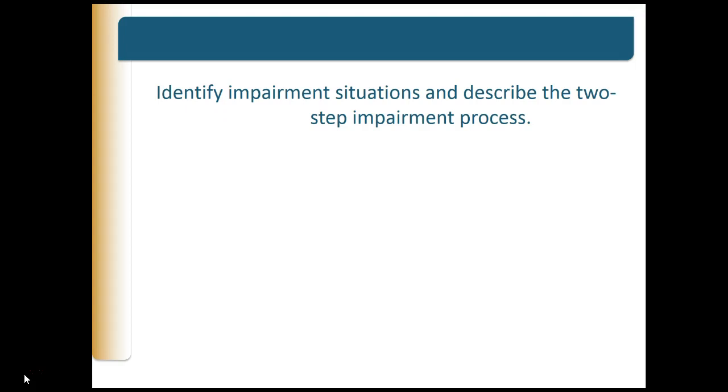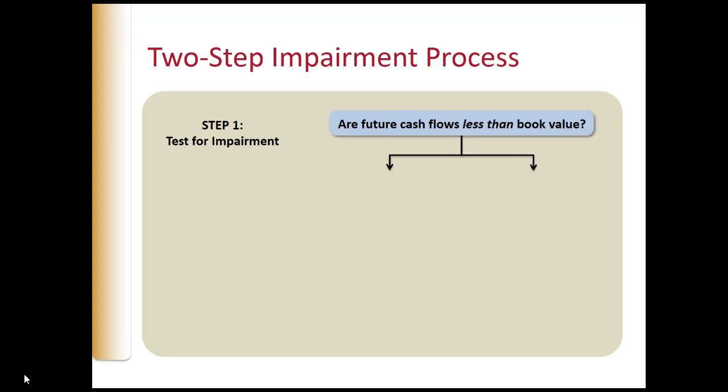We're going to identify impairment situations and describe this two-step process. Reporting for impairment losses is a two-step process summarized in this slide. Step 1, we test for impairment. The long-term asset is impaired if future cash flows are less than book value. And then step 2, if impaired, we record an impairment loss.